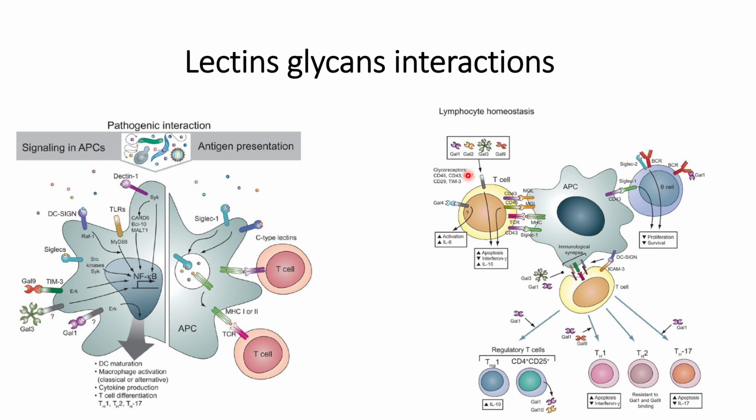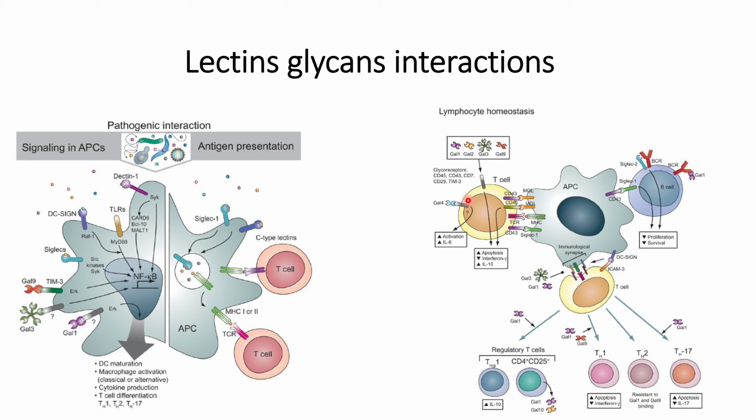When it comes to the T cells, the glycosylated receptors present on the T cells, in the form of CD43, CD45, and the T cell receptors, interact with the antigen presenting cells.